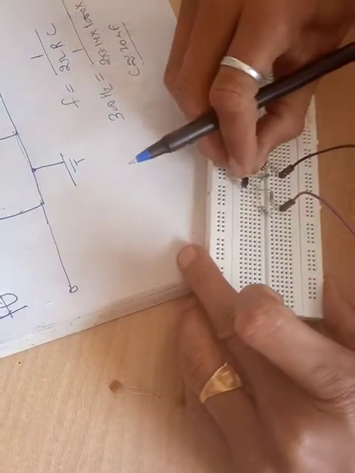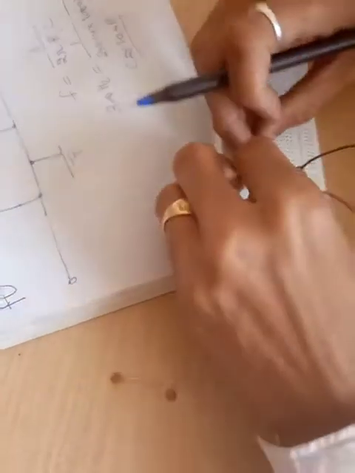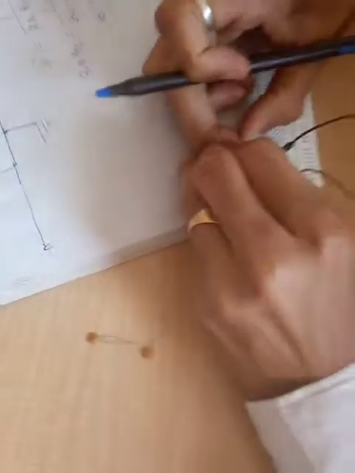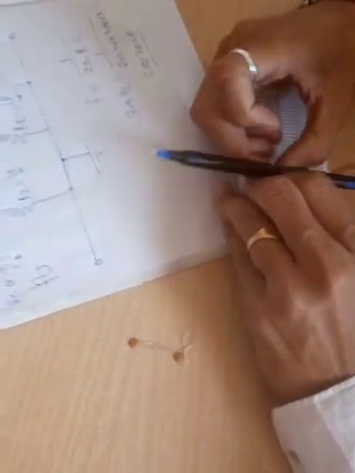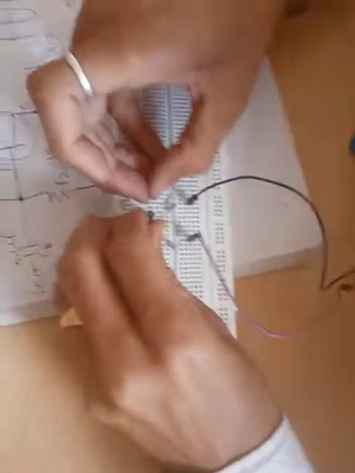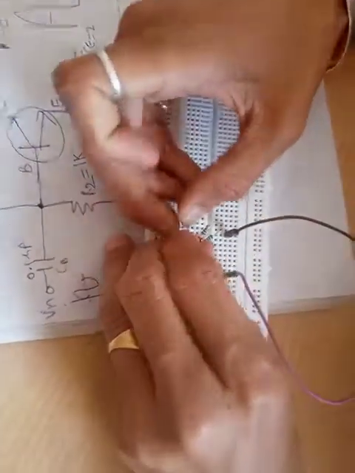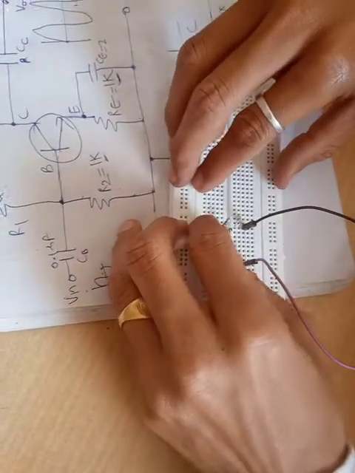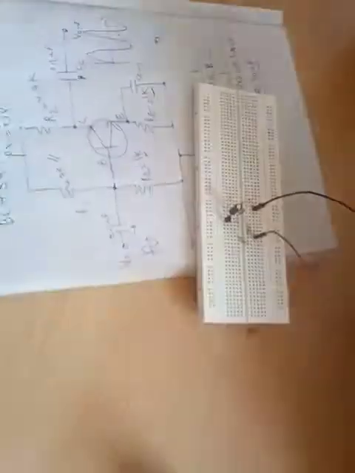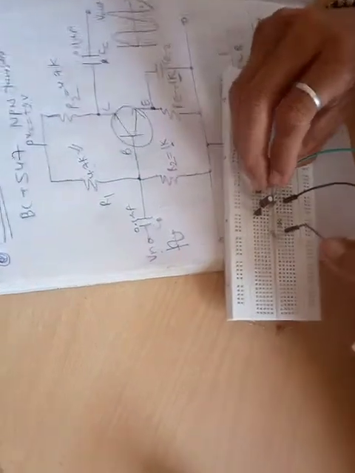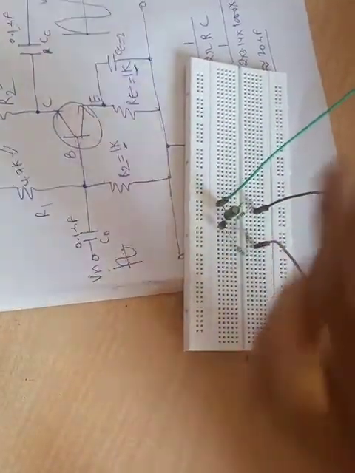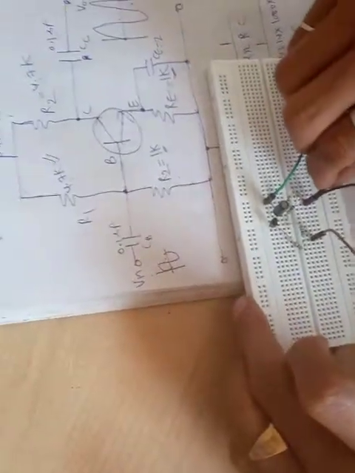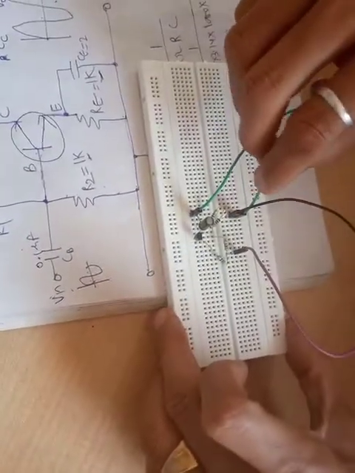Okay, and because its length is not too long, I connected the negative terminal here, and then with the help of a wire I will connect it with the ground terminal. So this capacitor is connected here between emitter and the second pin is connected to ground. So I just use a wire and connect this to the two points of the 1 kilo ohm, that is the ground terminal.